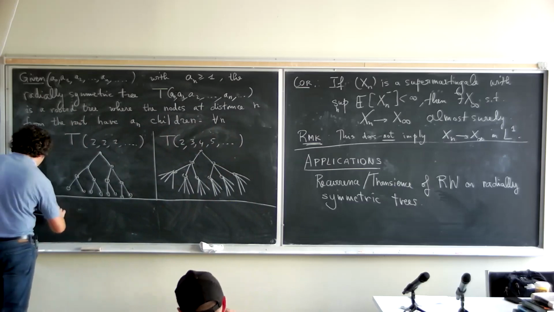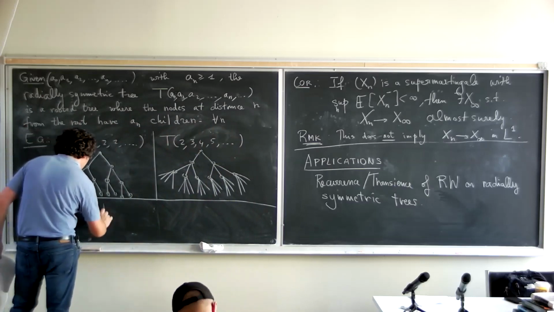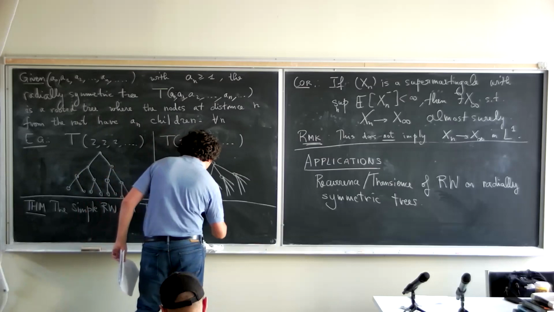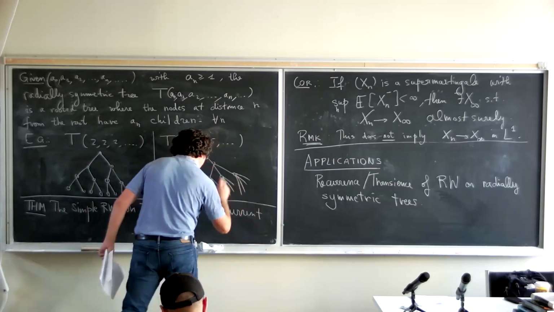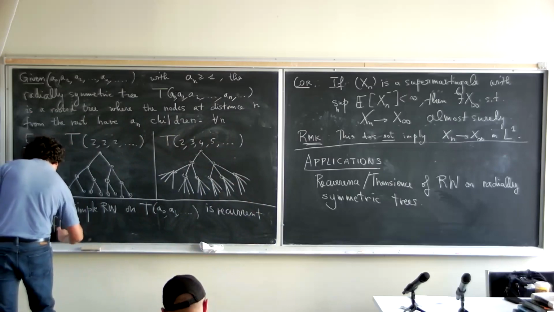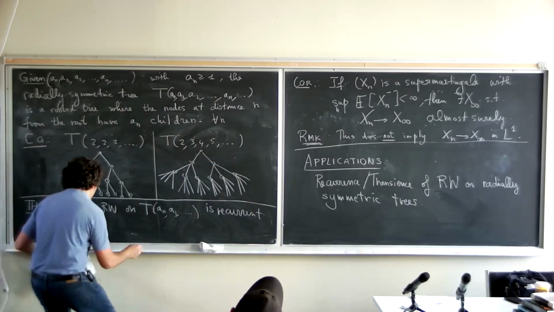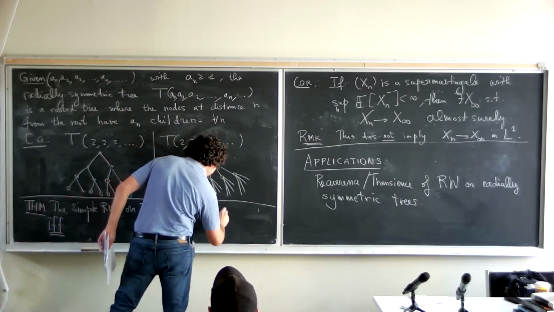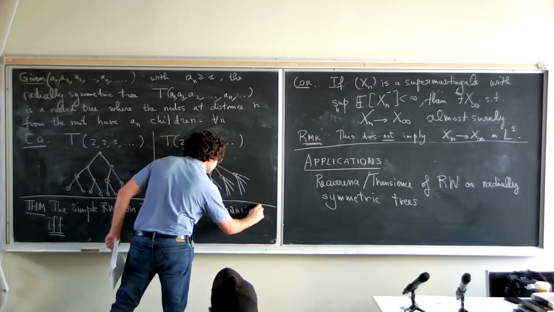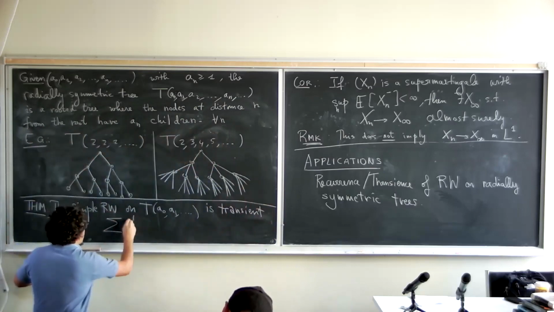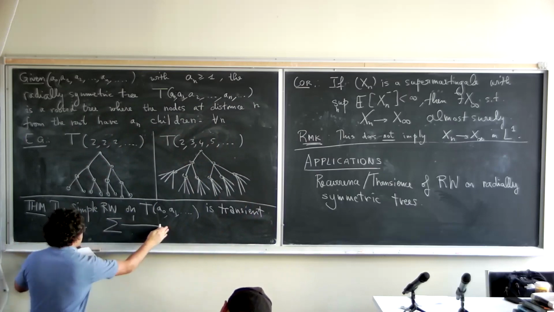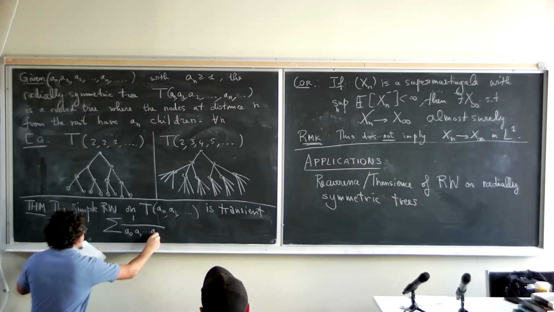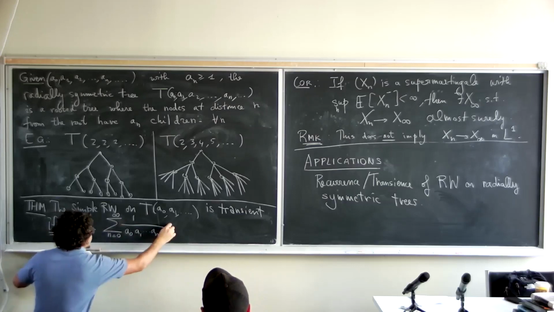So the theorem is like this: the simple random walk on this T(a0, a1, ...) is transient if and only if the sum from n equals 0 to infinity of 1 over a0 a1 ... an is finite.